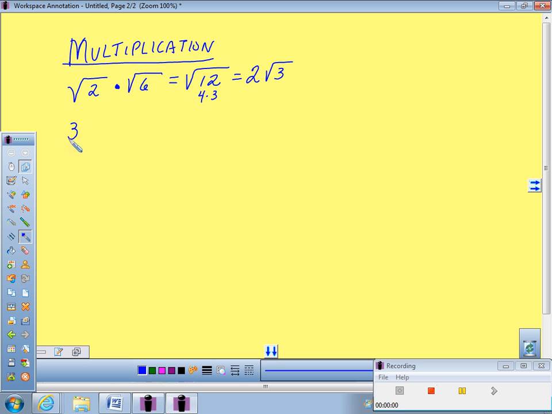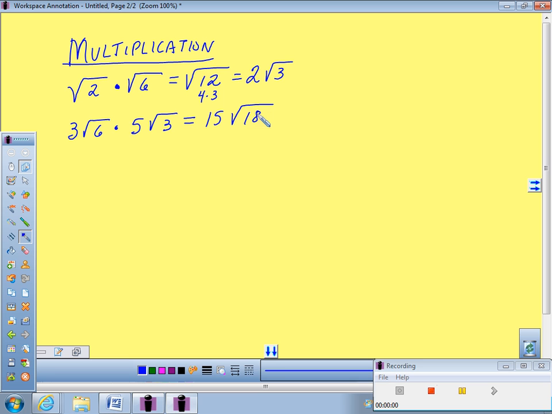Same thing applies if I take two square roots, but they have coefficients in front of them. When you multiply them together, you multiply the coefficients in front together, and you multiply the insides of the roots together. So we take 3 times 5 and get 15. We take square root of 6 times square root of 3 and get square root of 18.